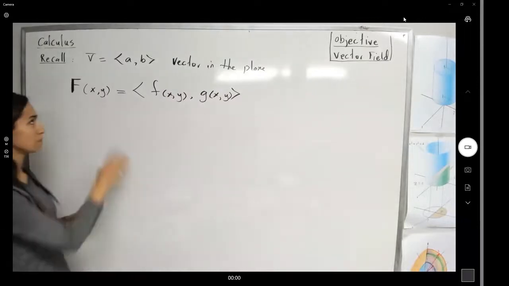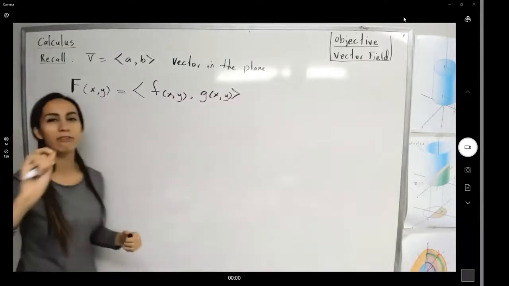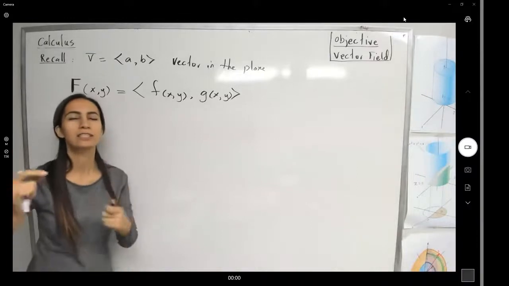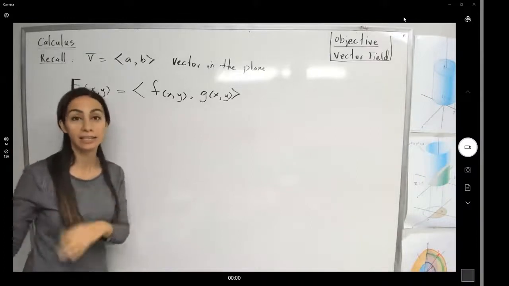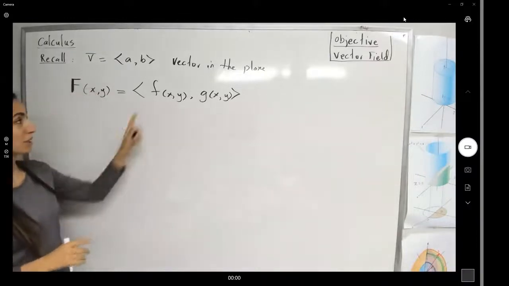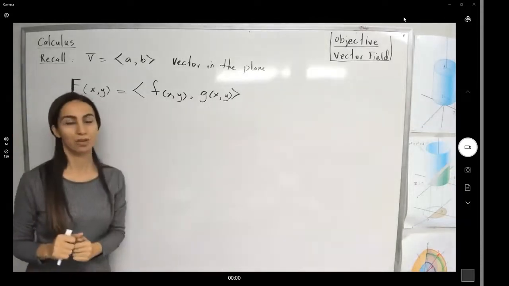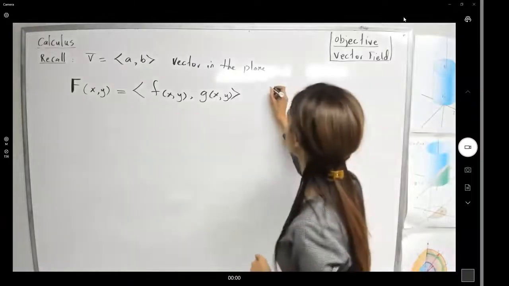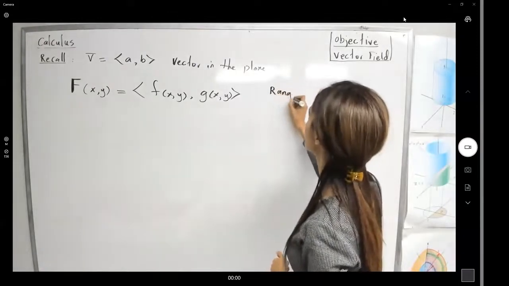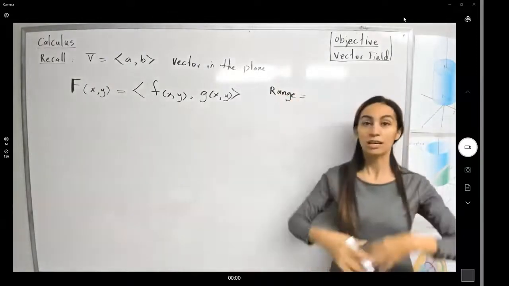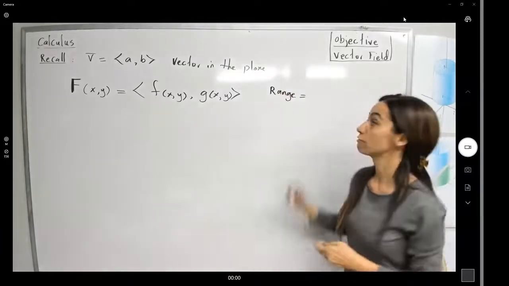So for each different x and y values, different positions in the xy plane, you get different vectors as the outcome. So if you want to think about the range of this function, the range is a collection of vectors.